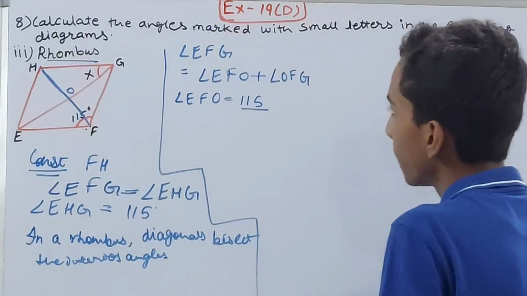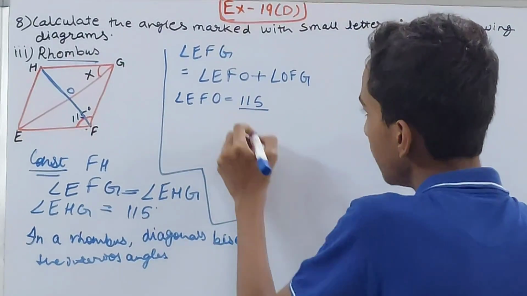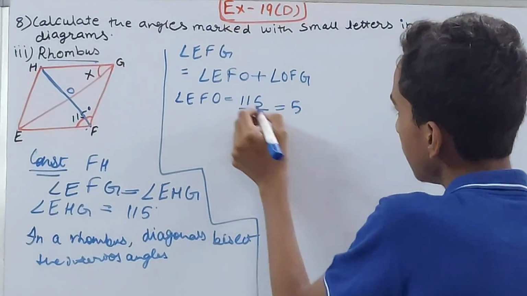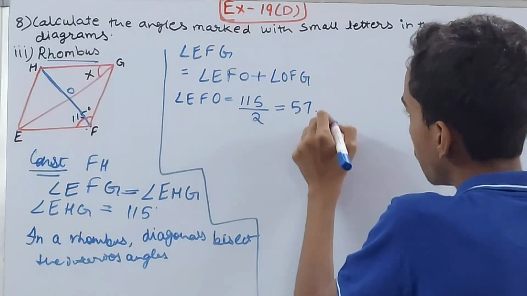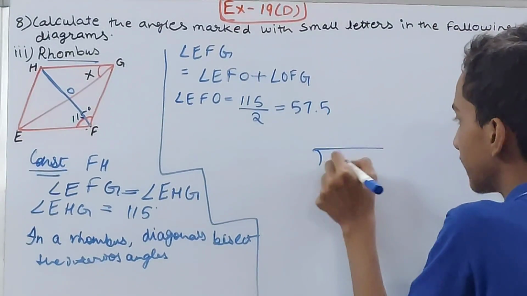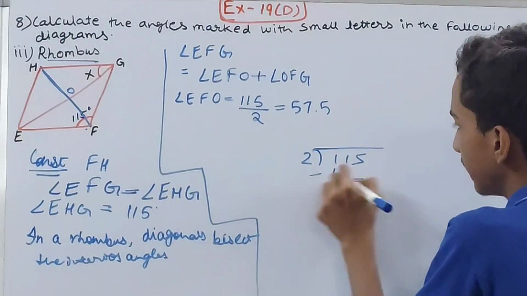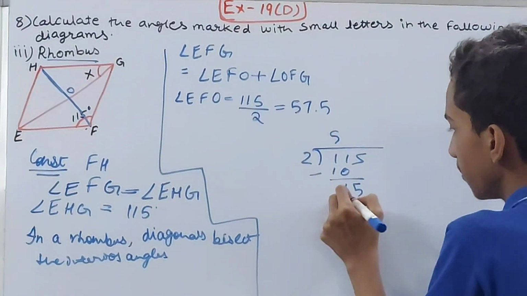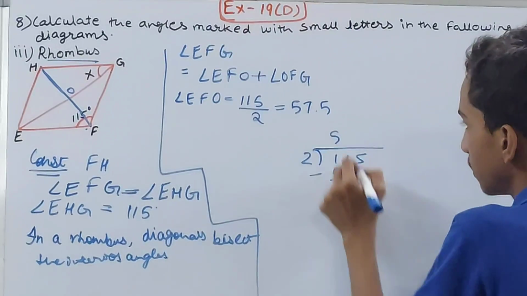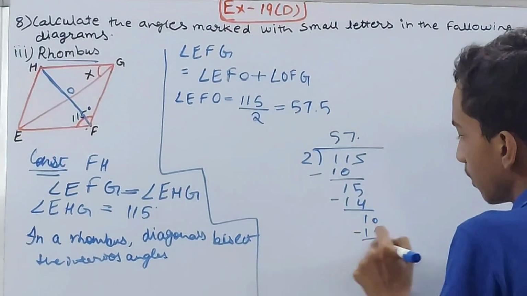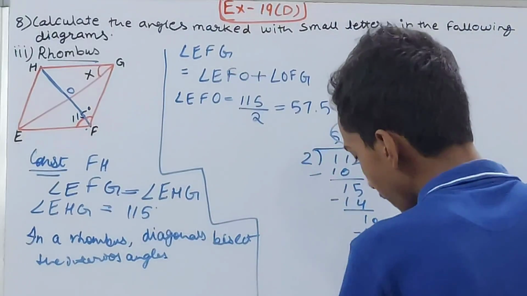That will be 115 by 2, that is 57.5. Let's divide and check. It's going to be 57.5 only, right? Minus 10, 1, 5, 15, minus 14. Right, so 57.5 is coming.